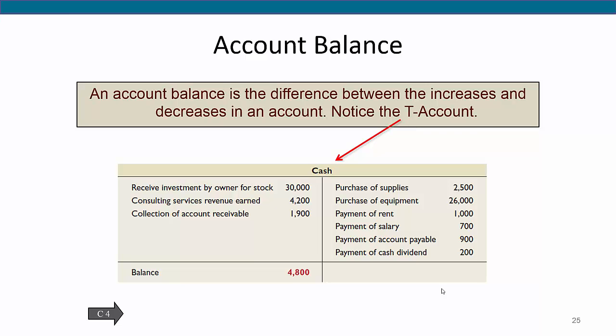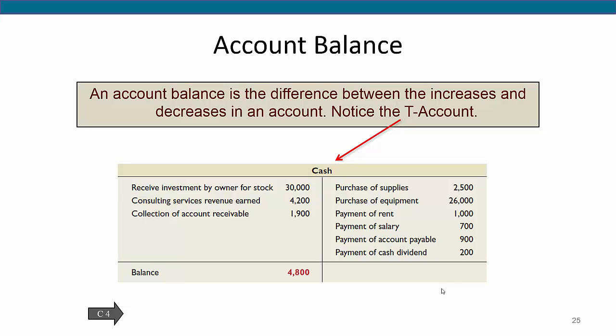We determined the balance in the accounts in the last chapter, but in this chapter we will look at a more comprehensive way to determine an account balance. Let's have a last look at our favorite T account. The cash account is an asset, so it increases, or receipts are shown on the debit or left side, and decreases or payments are shown on the credit or the right side.